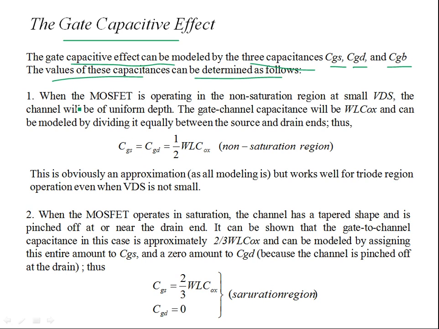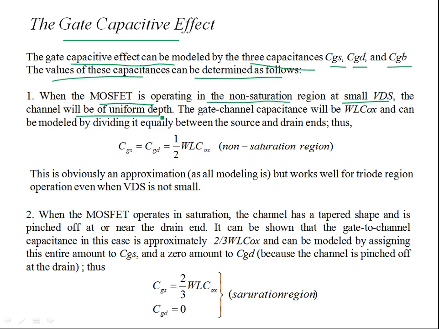When the MOSFET is operating in, for example, the non-saturation region, when there is a small VDS, the channel will be of uniform depth. It's not going to be tapered off from the drain. For example, what happens at the pinch-off voltage in FETs, after the transition point once the saturation point is reached: VDS is not effective in affecting the drain current.